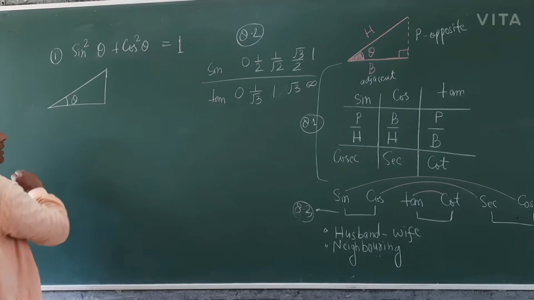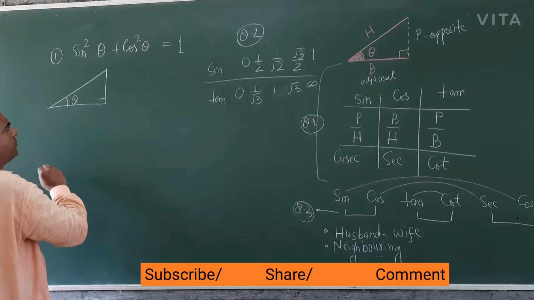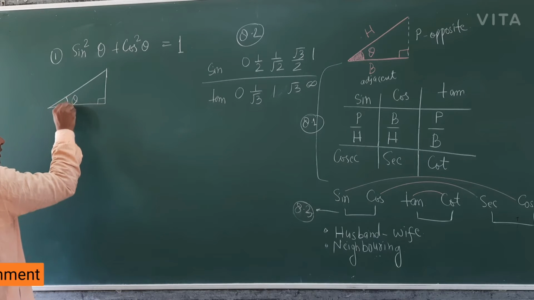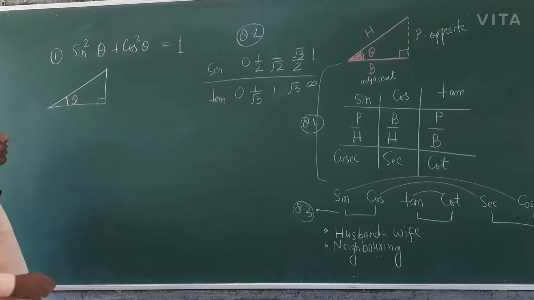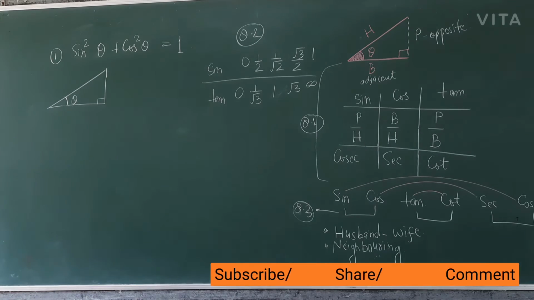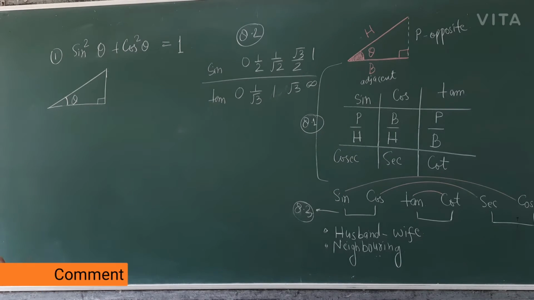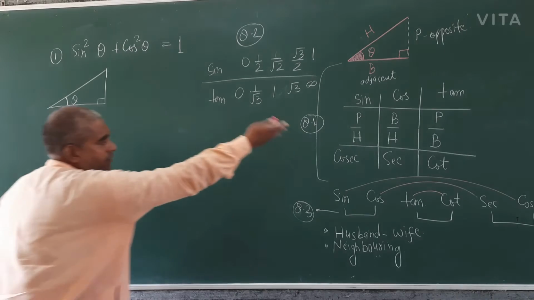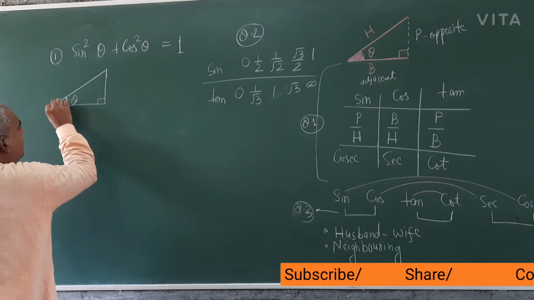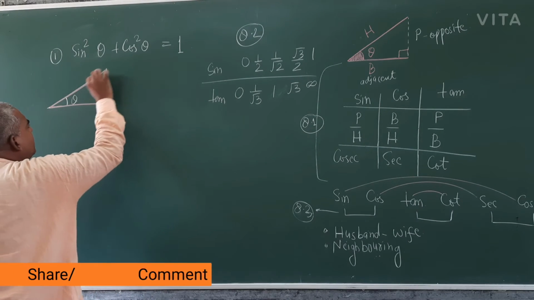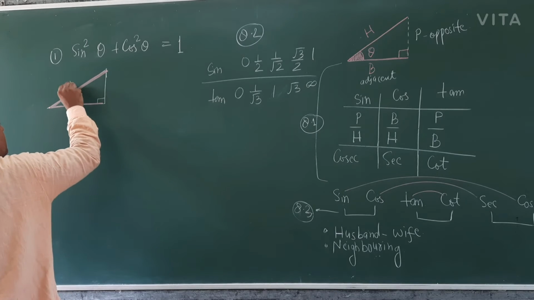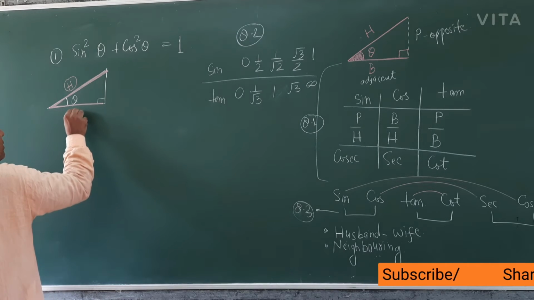Suppose this is theta degree, this is 90 degree. So for this theta, what is base and what is height? The proving is very simple, just based on the definitions. So for this theta, this will be base and this will be hypotenuse. This will be hypotenuse and this will be base.